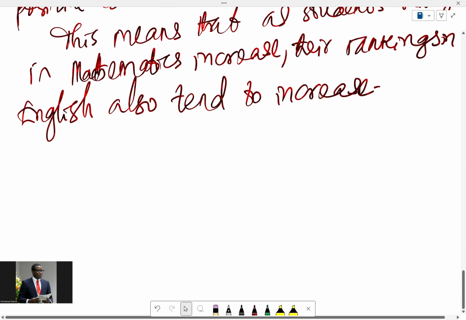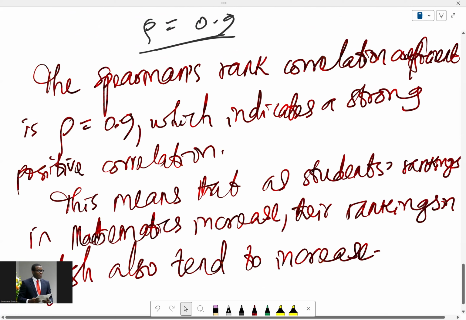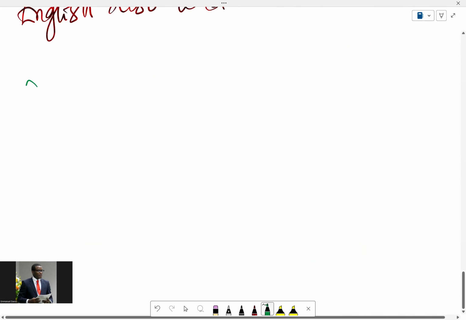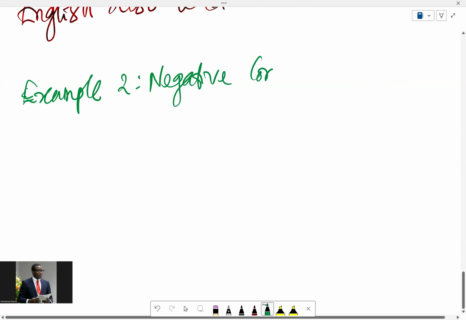Okay, so that's the first example. We have time for more. Let's take another example, example 2, that demonstrates negative correlation, going by Spearman.